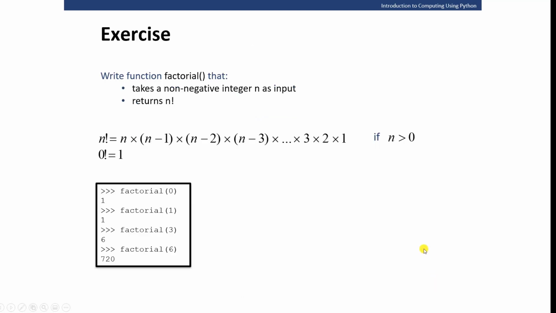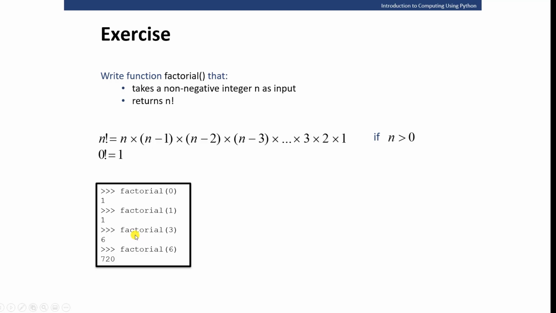Now, I want you to implement a function called factorial that takes a non-negative integer as an input and returns the factorial of that number. Remember, the factorial of 1 is equal to 1, the factorial of 0 is equal to 1, the factorial of 3 is equal to 6. And how is it calculated?